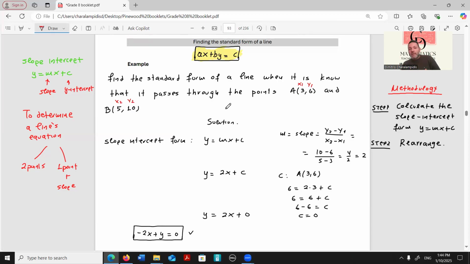How can I find the equation of a line in standard form? Again, I would need to know either 2 points or 1 point and the line slope. Then I would begin by calculating the line's slope-intercept form, and once I had that, I would just rearrange its terms.